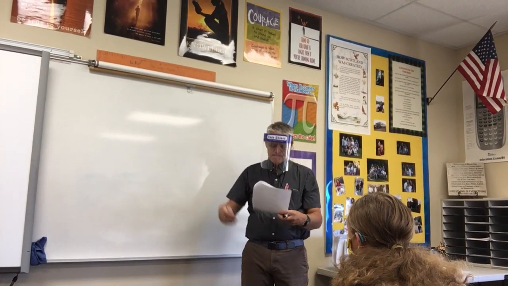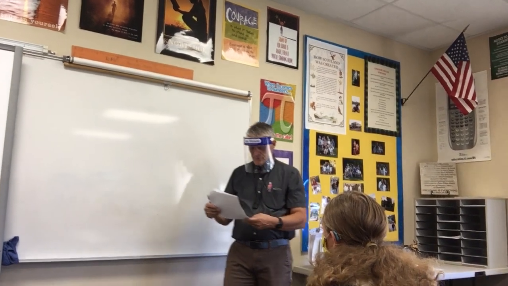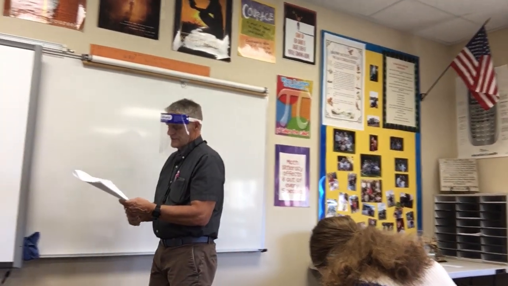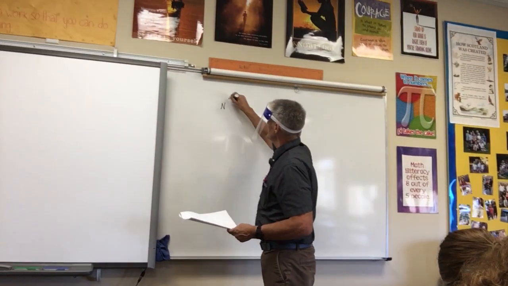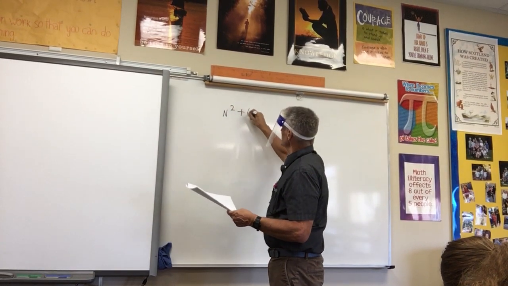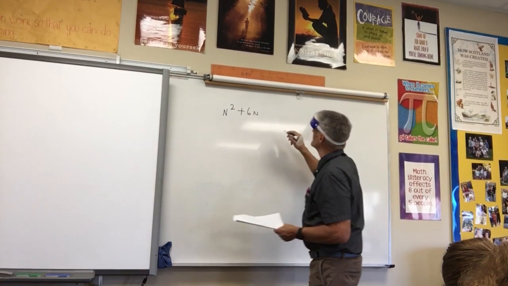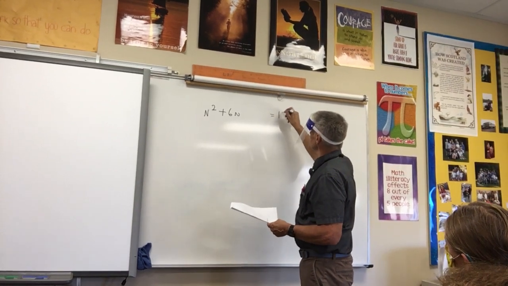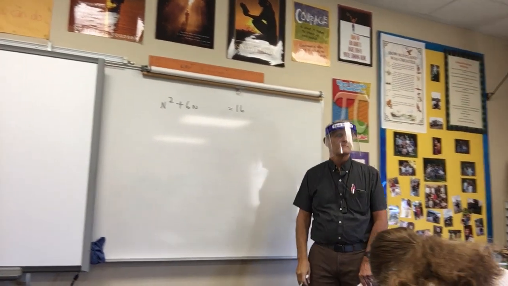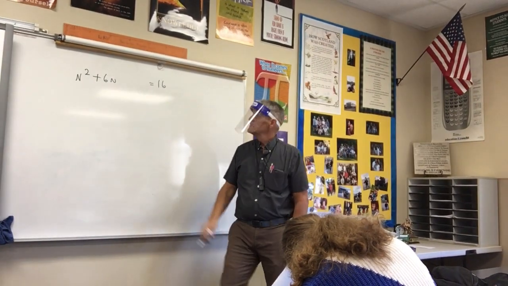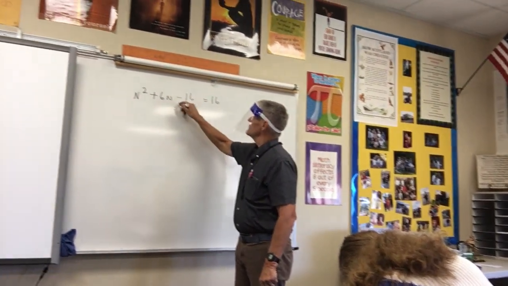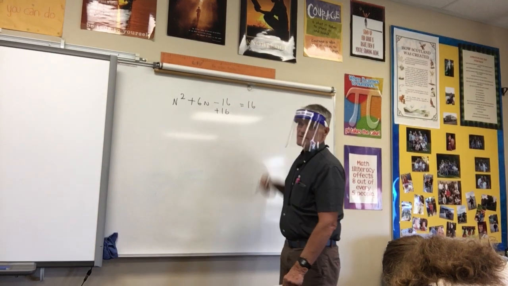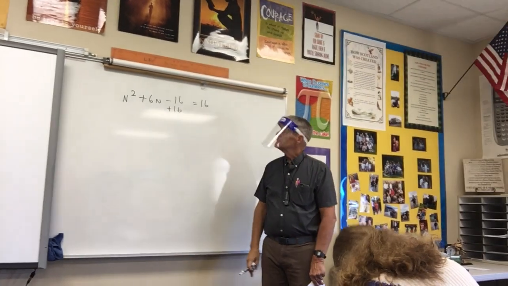Okay? Let's go to number 21. This time I have n squared plus 6n minus 16 equals 0. So I'm going to put that 16 on the other side. I'm just going to add 16 to both sides. So I had negative 16, so I added 16, instead of being plus 0.